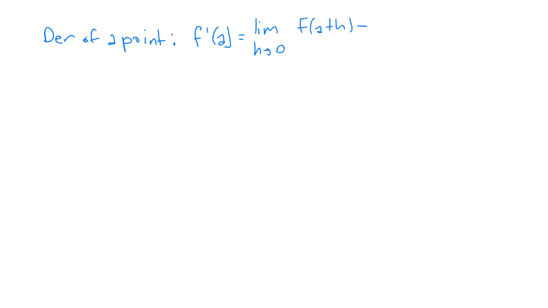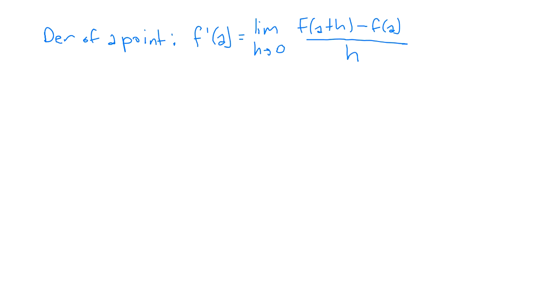And when we took the derivative at a point, we defined it as: the derivative at a certain point A, or f prime of A, equals the limit as h approaches 0 of f of A plus h minus f of A, all over h.